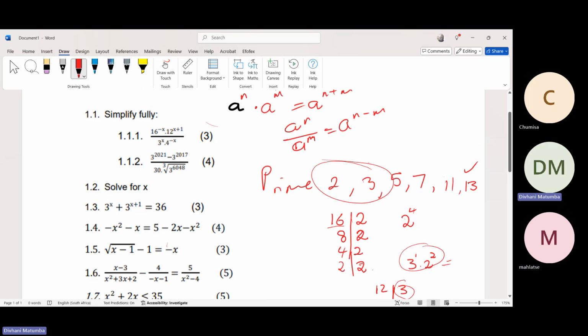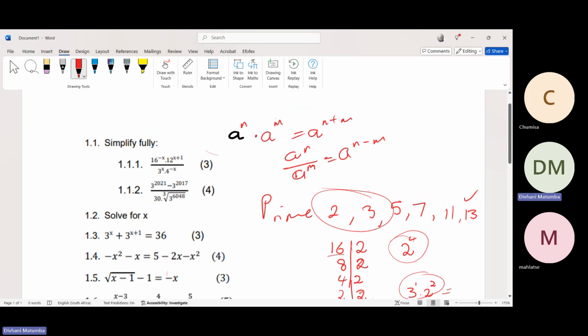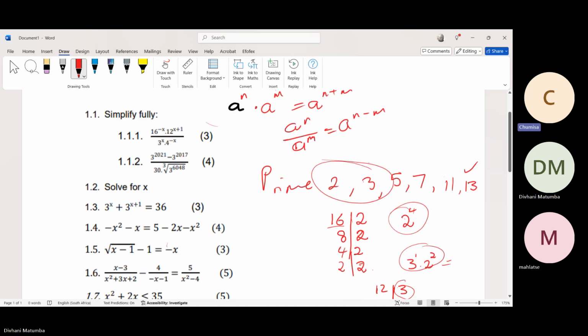So in the place of 16, I'm going to replace it with 2 to the power of 4. Whenever you see these exponents, you must break them down into the smallest primes, 2 and 3. I don't think they'll give you problems with the smallest prime of 5, but if it happens, you will apply the same principle.